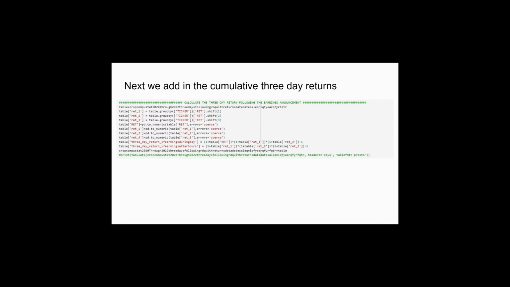Shift 2 allows us to get the return in 2 days, and shift 3 allows us to get the return 3 days from now. Then we multiply 1 plus tomorrow's return, 1 plus 2 days from now's return, and 1 plus 3 days from now's return. That gives us the 3-day return if earnings is after hours. And so, ta-da, we've accumulated the 3-day returns.